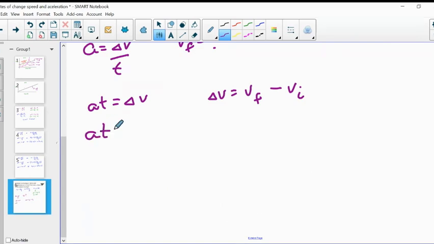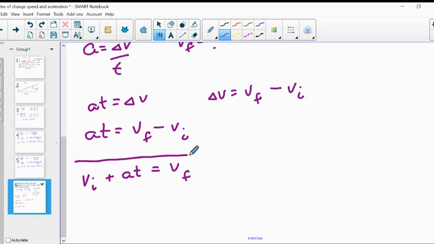So AT equals VF subtract VI. So if I want to know the final velocity, a little bit more algebra, I'll have VI plus AT. And we can use this equation right here to solve our problem.